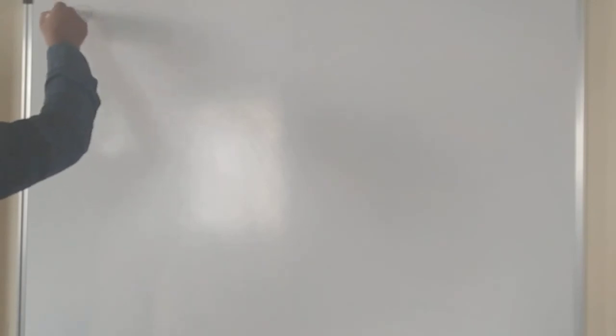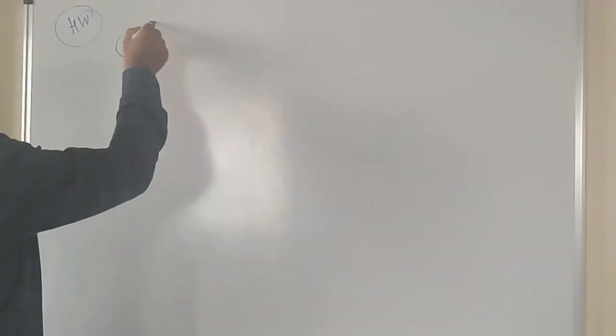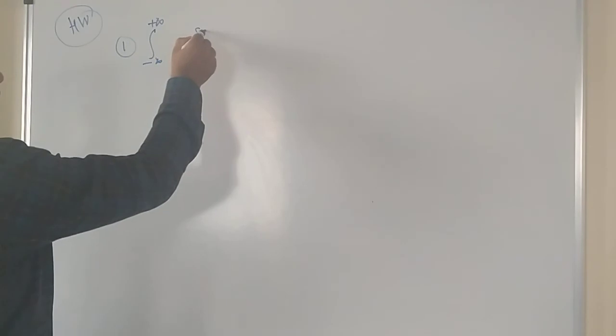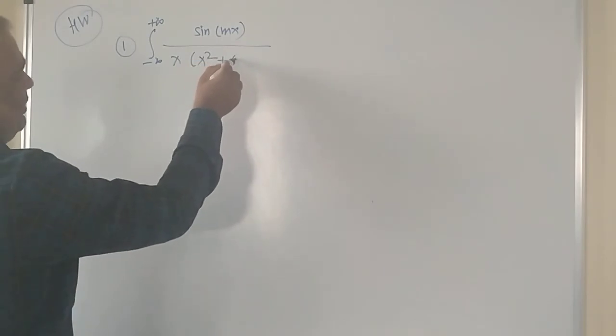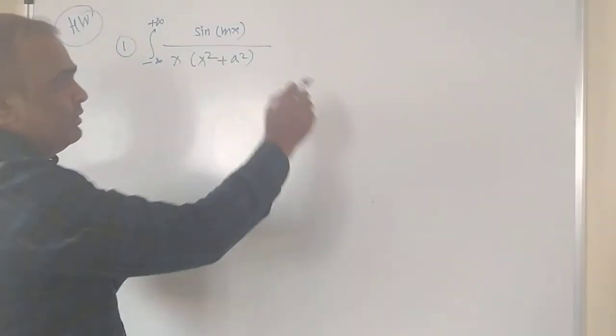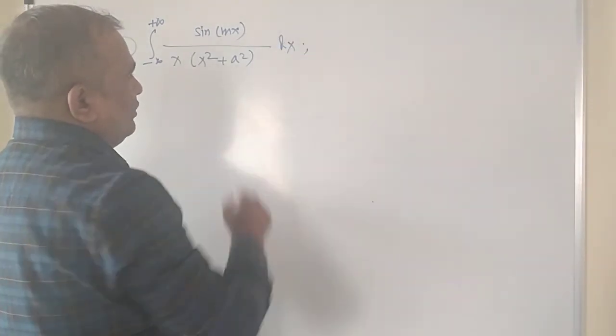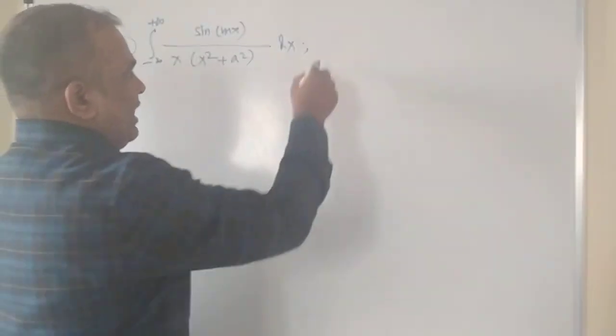So the first homework problem is: integral from minus infinity to plus infinity of sin mx divided by x into x square plus a square, right, into dx, where m and a are positive.